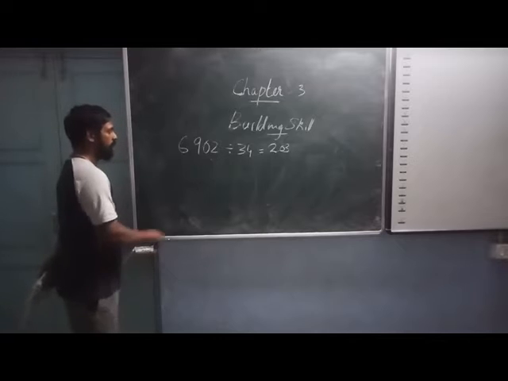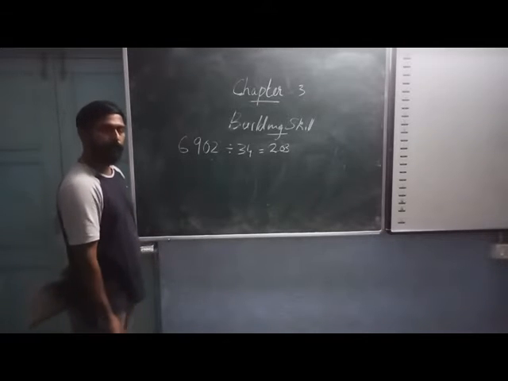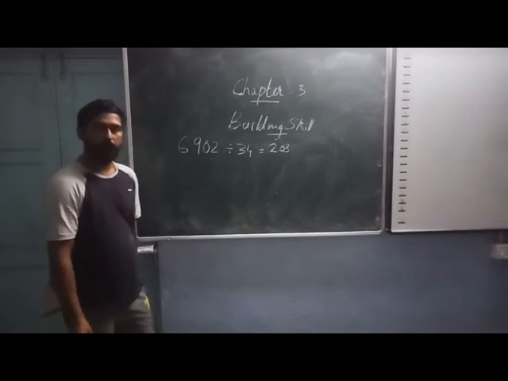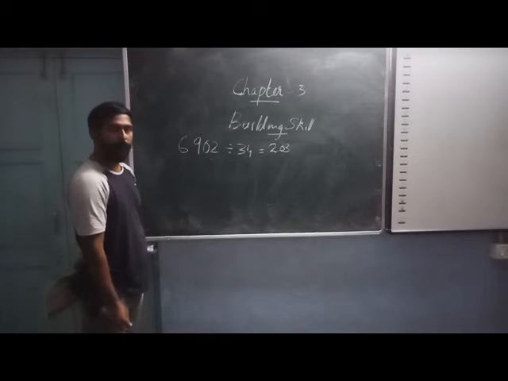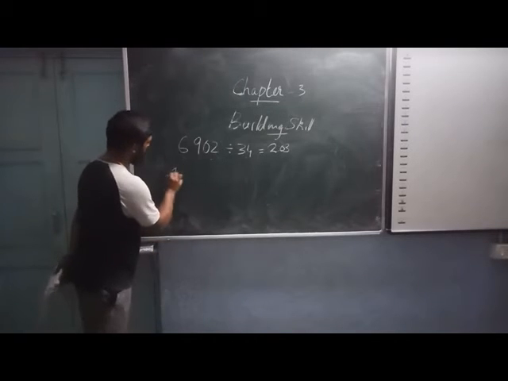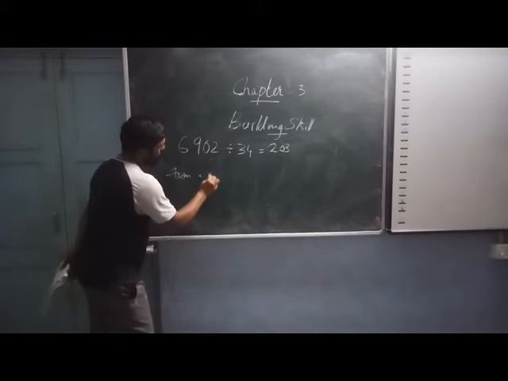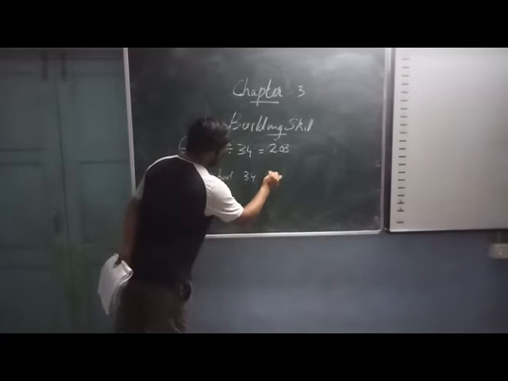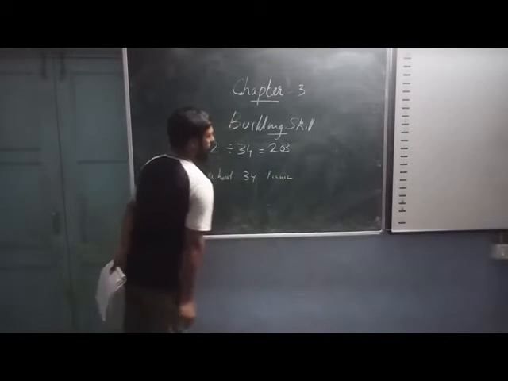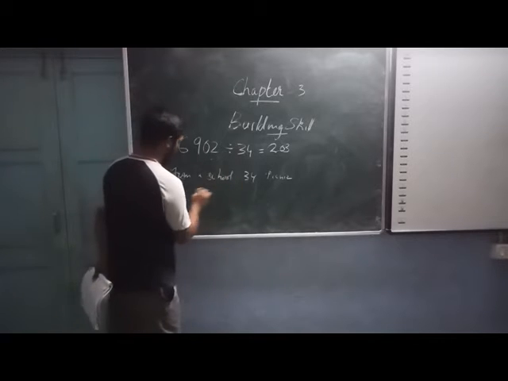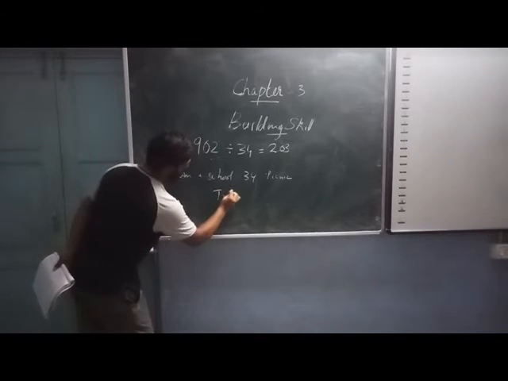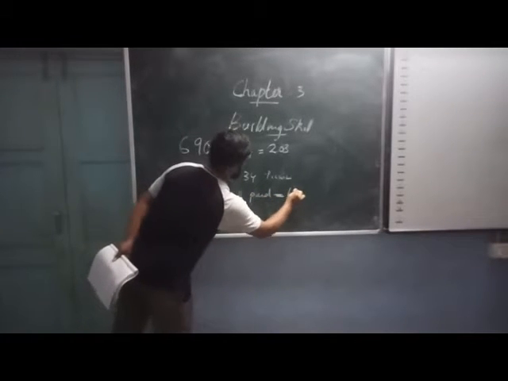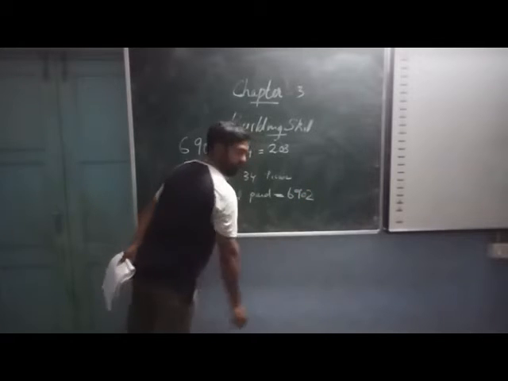Let us say from a school there were 34 students going for a picnic. From a school, 34 students went for a picnic, and all together they totally paid 6,902 rupees.